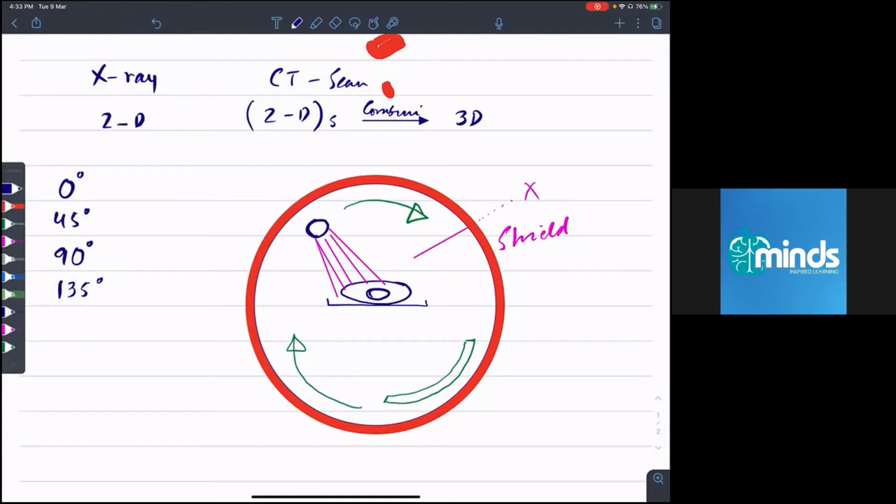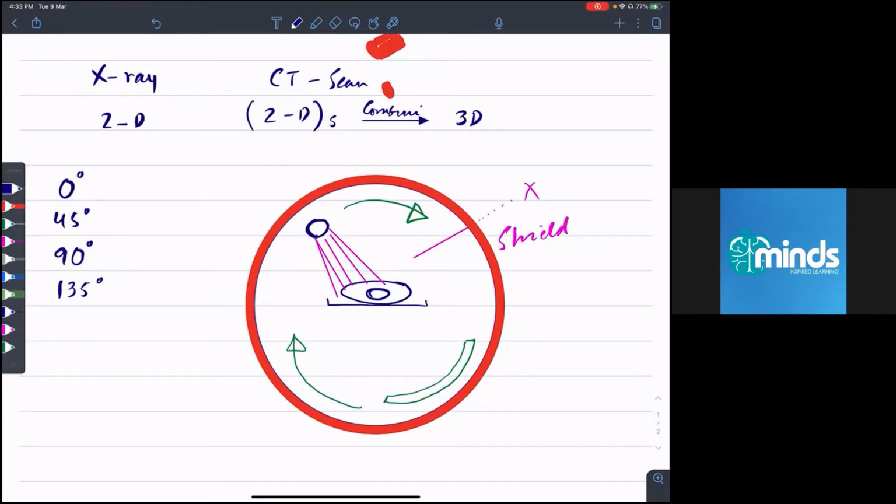We have 225, a repetition of 45. We have 270, a repetition of 90. Then 315, which is similar to 45, and 360 is 0. So the patient's body is kept in a manner that we throw X-rays on it at 4 different angles: 0, 45, 90, and 135.